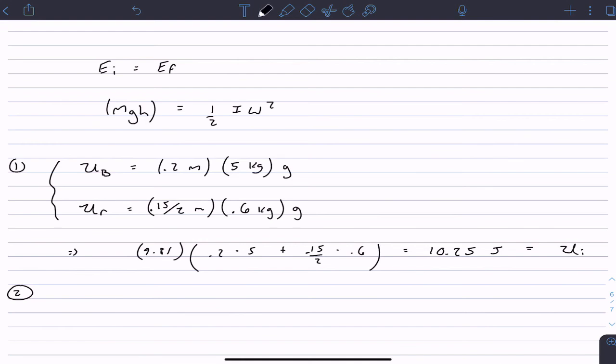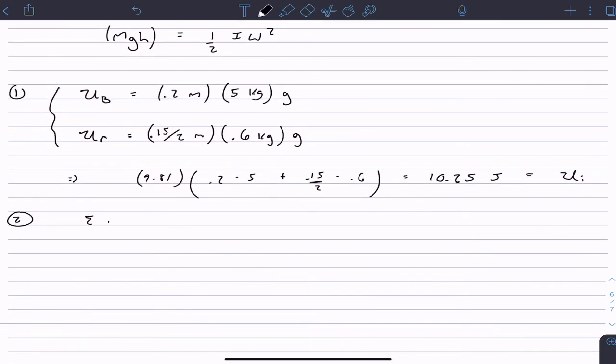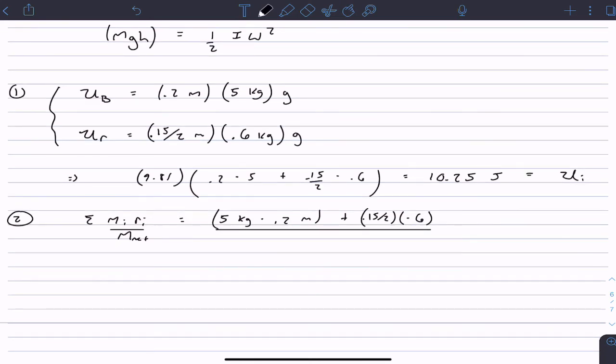If you're not satisfied with that, then we can find the center of mass of the whole system. Remember that we do that by taking the mass times the position and then dividing by the total mass, right? So for this system, it's going to be 5 kilograms times 0.2 meters plus 0.15 over 2 times 0.6, and then we divide by the total mass, 5.6 kilograms.